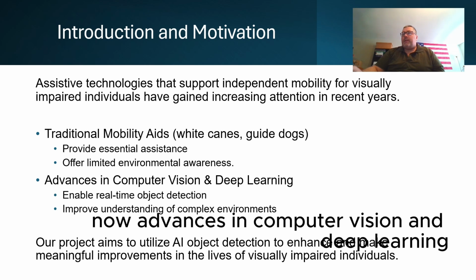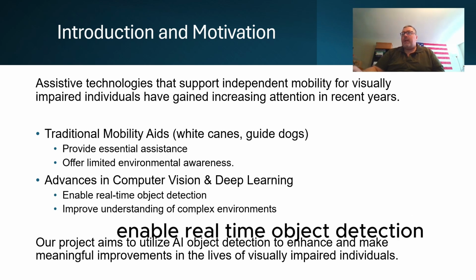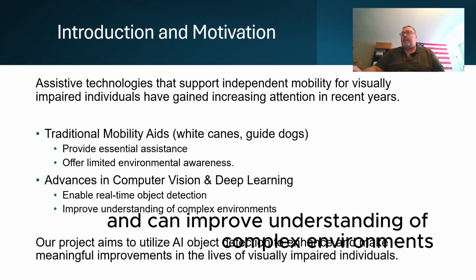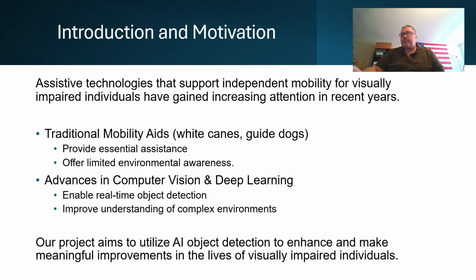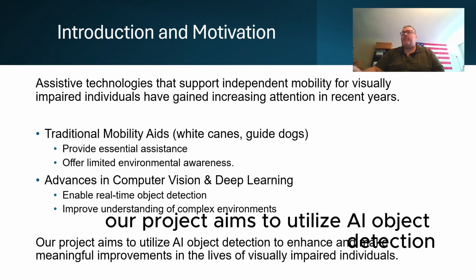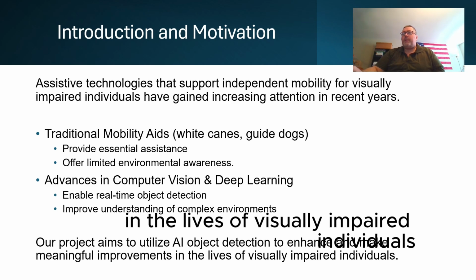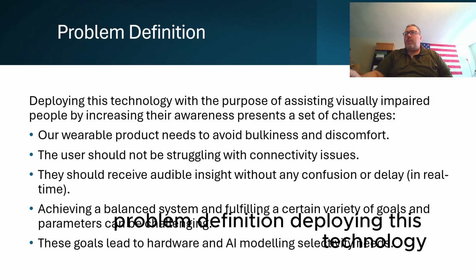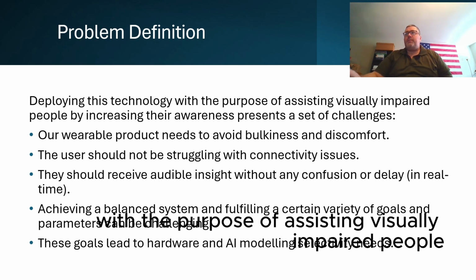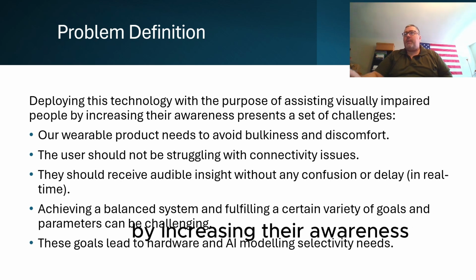Now, advances in computer vision and deep learning enable real-time object detection and can improve understanding of complex environments. Our project aims to utilize AI object detection to enhance and make meaningful improvements in the lives of visually impaired individuals.